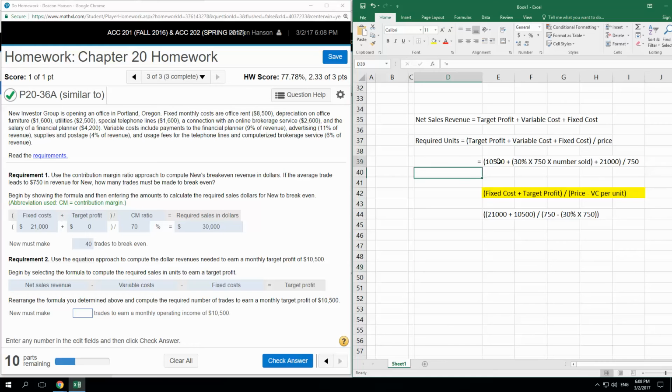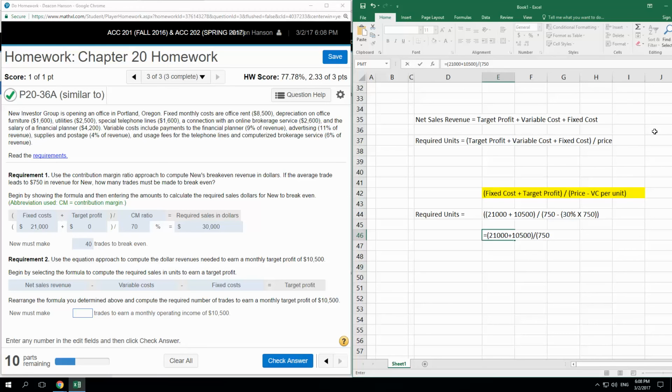So maybe just delete that, and we'll use this to come up with our answer. This is going to be the required units. We'll just quickly whip it out, and let's see if this generates the number we're looking for.